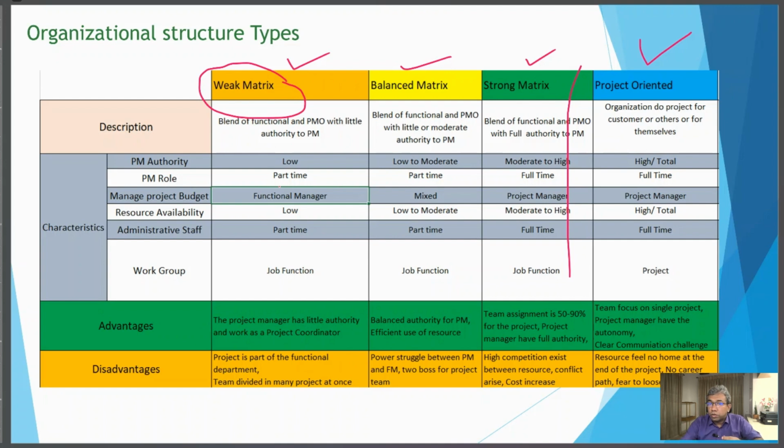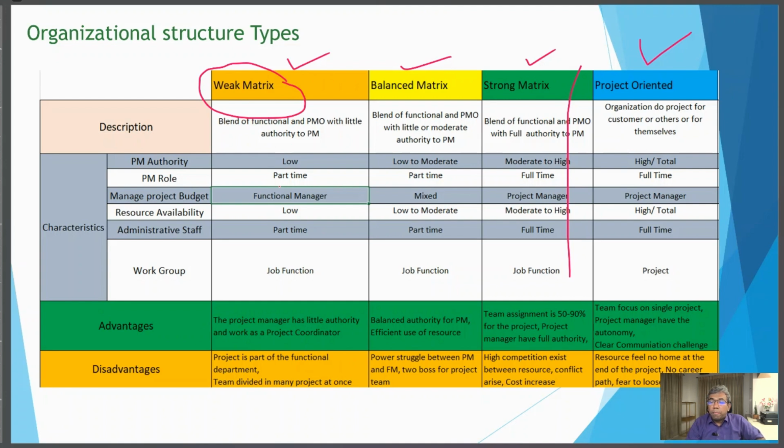Your project manager also has authority, but it may sometimes create conflicts. It may sometimes create power politics between the project manager and functional manager. It sometimes creates a sense inside you that you have two bosses. That means your project manager is also your boss, and your functional manager is also your boss.